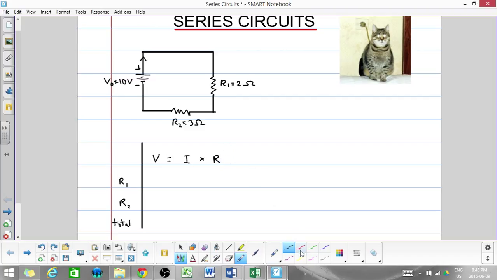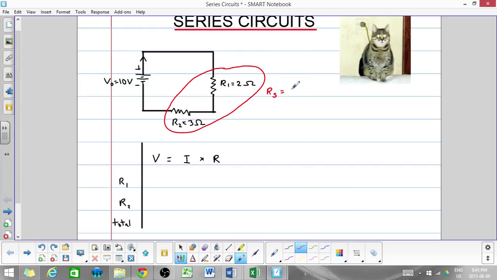Now, if you have read about series circuits at all, you have probably seen that if resistors are in a row like that, so that all the electrons travel through both resistors, then the total resistance of the circuit is given by this formula.